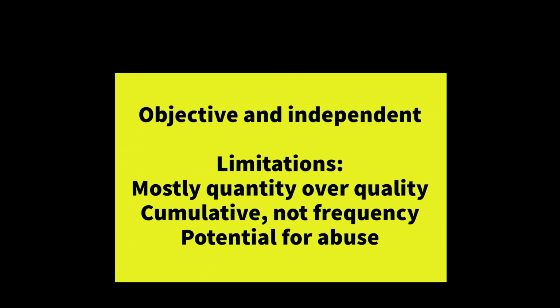Overall, these measurements seem to indicate some level of objectivity and independence from the subjective assessments, either by peers or by the instructor. However, there are still some limitations to this study.